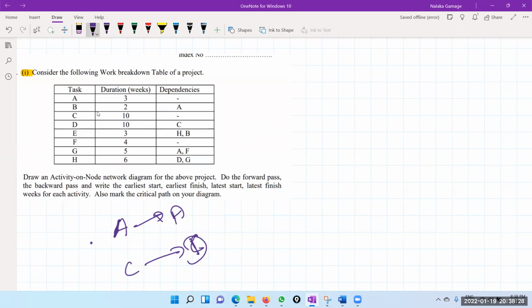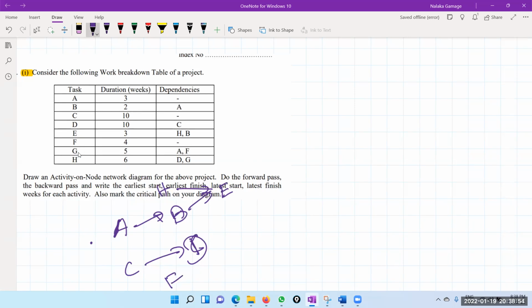So B depends on A. D depends on C. And E depends on H and B. F is again independent.